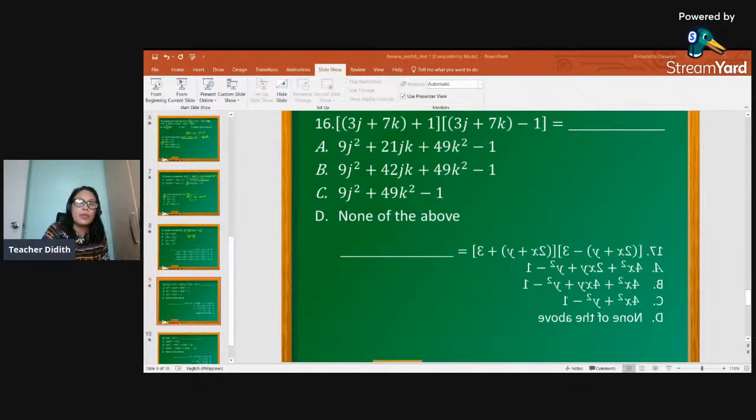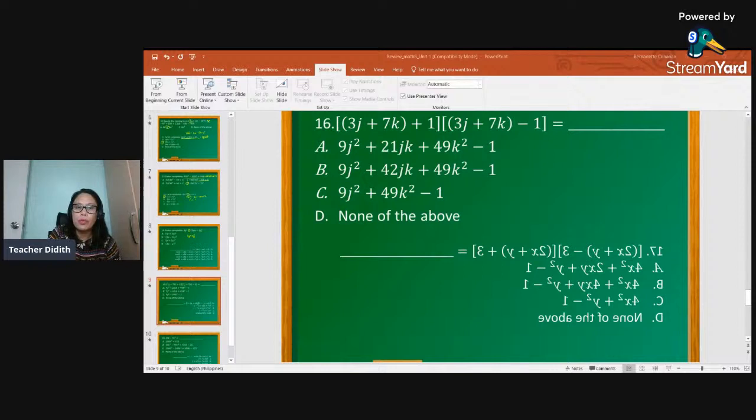Though we have three terms here, you have to note, guys, that since this expression 3j plus 7k on both factors are placed inside the parentheses, then they are considered as one term or monomial. So that would qualify to working on the product on the sum and difference of the same two terms.